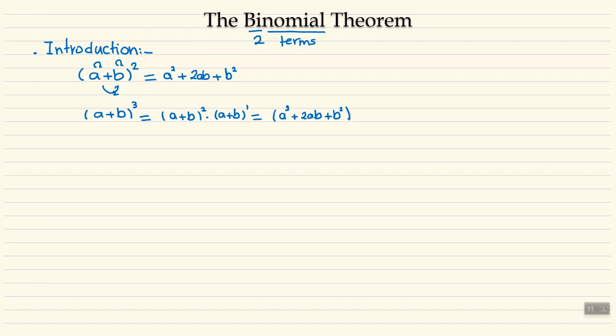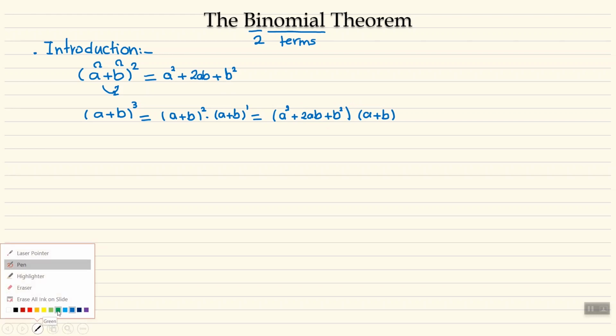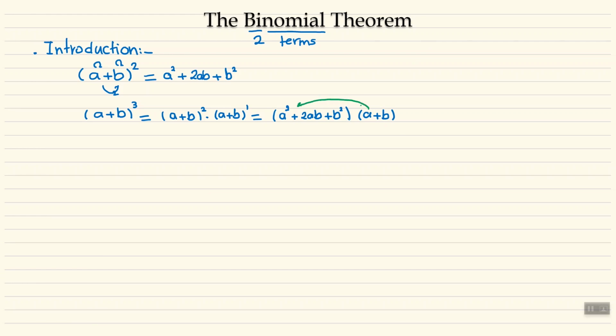The second bracket is to the power of 1, so it remains the same, a plus b. And then we will multiply a by all the terms in the first bracket, and we will also multiply b by all the terms in the first bracket. So we will multiply a by a squared, a by 2ab, and a by b squared, and then we will do the same thing with b. We will multiply b by a squared, and b by 2ab, and then b by b squared.